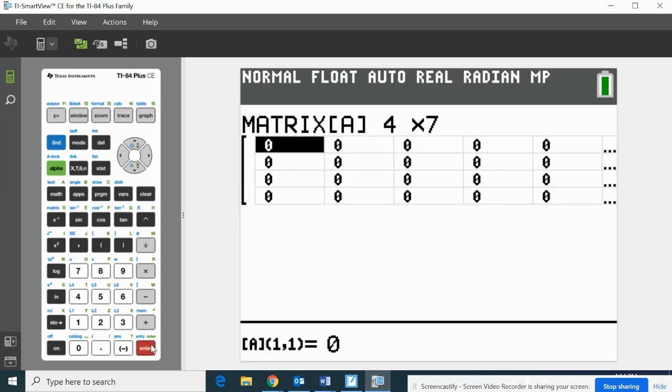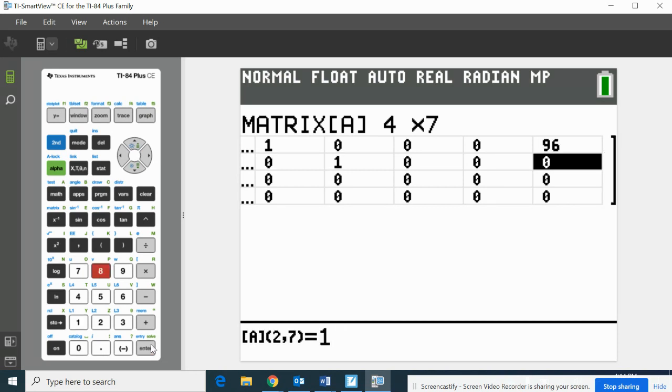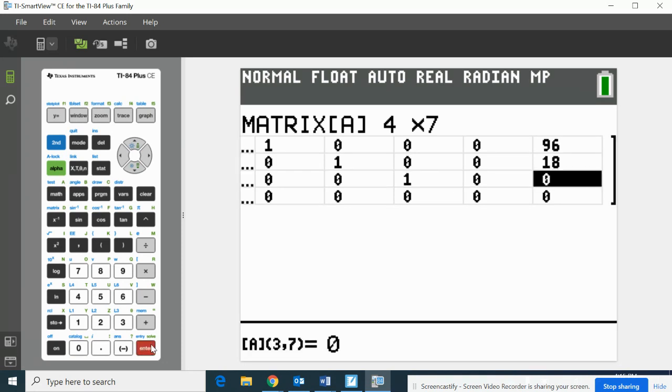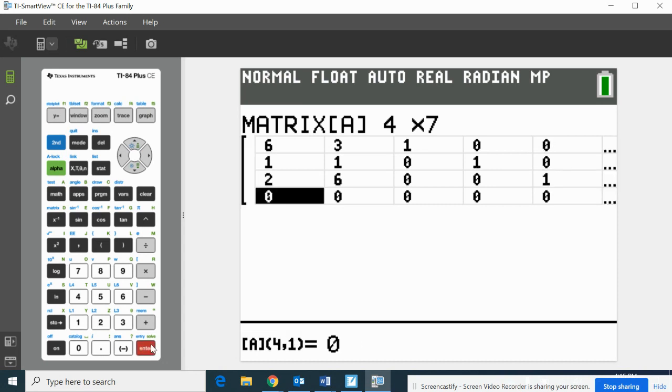All right, so now I'm going to type in my numbers, enter in between. 6, 3, 1, 0, 0, 0, 96, 1, 1, 0, 1, 0, 0, and 18. 2, 6, 0, 0, 1, 0, 72, and then negative 80, negative 70, 0, 0, 0, 1, 0.